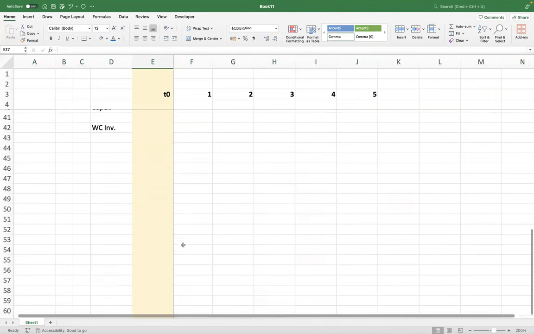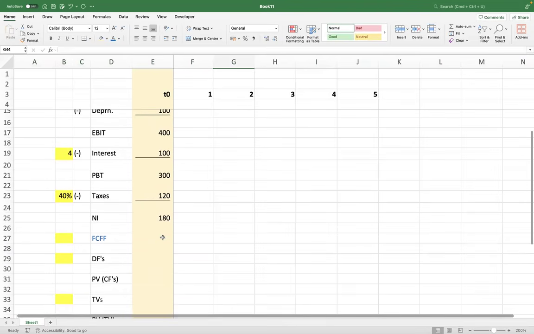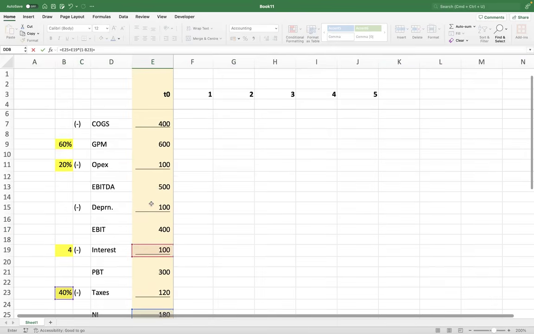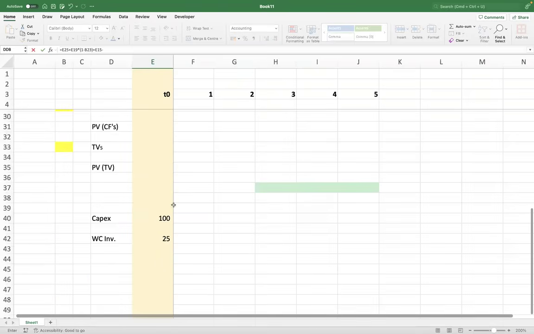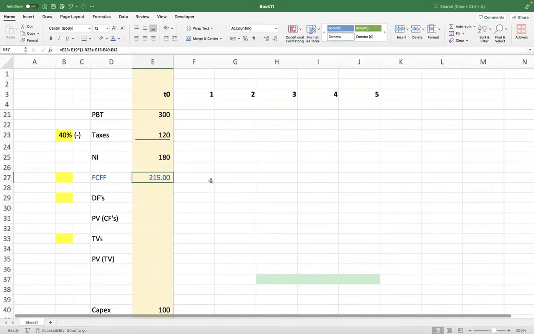Your capital expenditures and working capital investments are given to be as 125 CR respectively, which means my free cash flow will be net income plus, always remember to use linkage, I into 1 minus tax rate, plus non-cash charges of depreciation, minus capex, minus working capital investment. So your FCFF will be 215 CR. Yes or no?